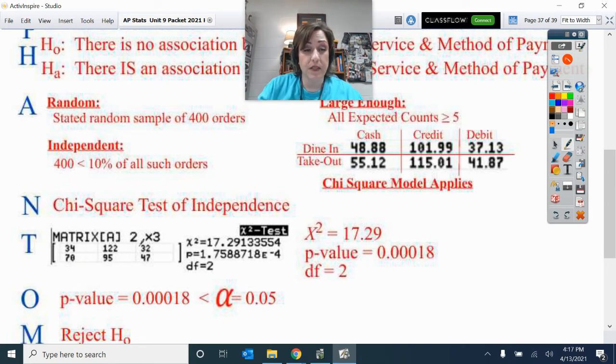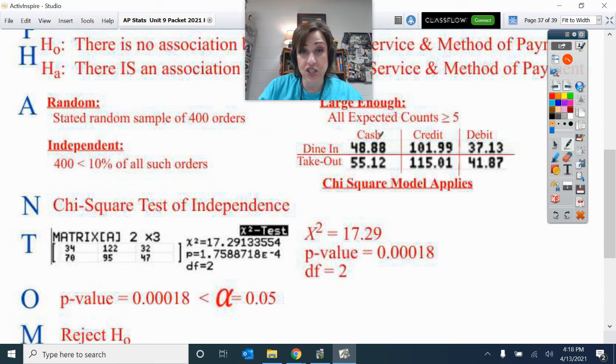Multiple dimensions of observed data, so I put my observed into matrix A. I go run the chi-squared test, not the chi-squared goodness of fit, and there's what I get. This p-value is very small because it's 1.76 times 10 to the negative fourth, with 2 degrees of freedom.